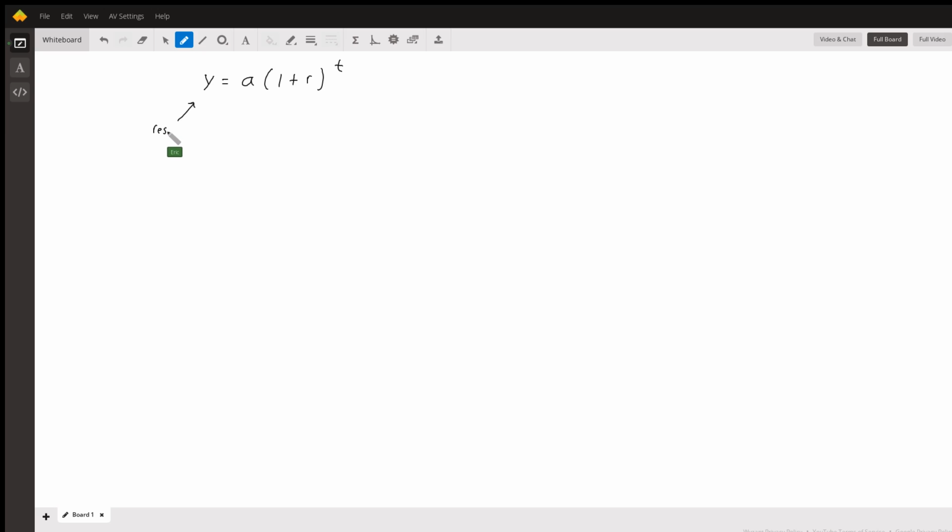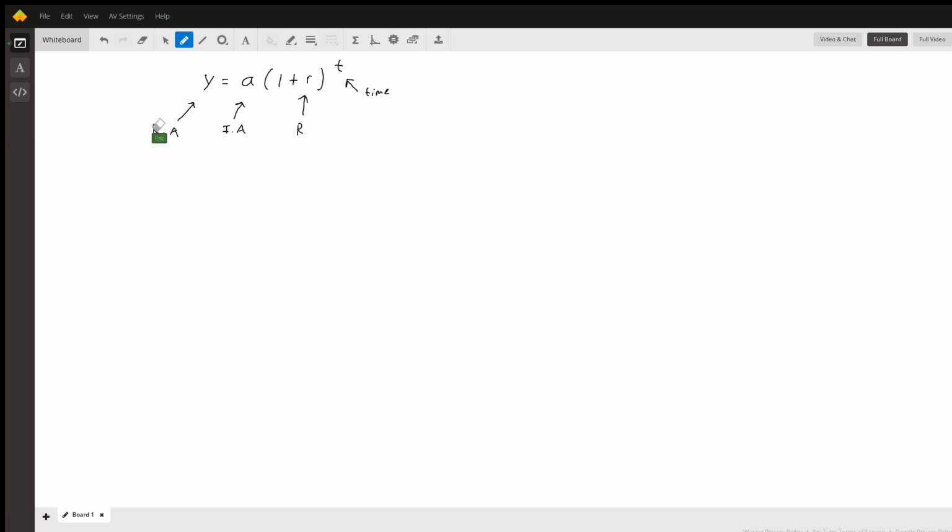A is the initial amount, 1 plus r is the rate, t is the time, and y is going to be the resulting amount after the given period of time t has passed.